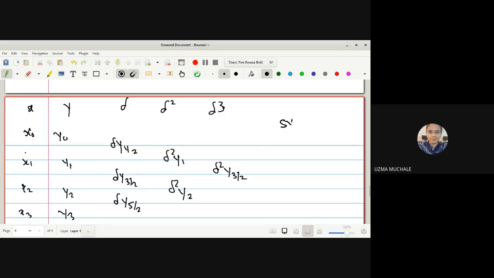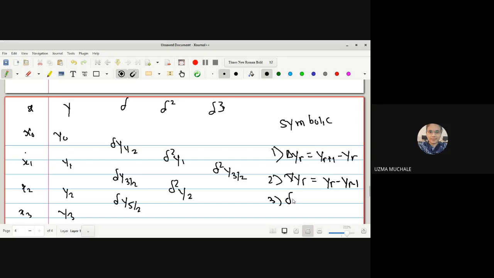Now you can write this one also. Actually you should write this, I am saying this for those who are not writing, because these are very important for your MCQ. And now you are going to appear for the MCQ exam itself, no? So delta YR is YR plus 1 minus YR. Second, the backward difference is YR minus YR minus 1.